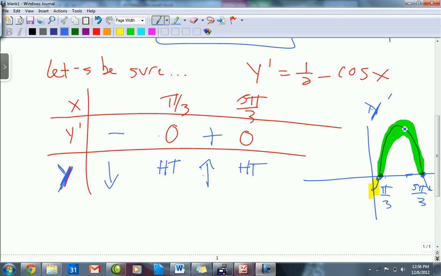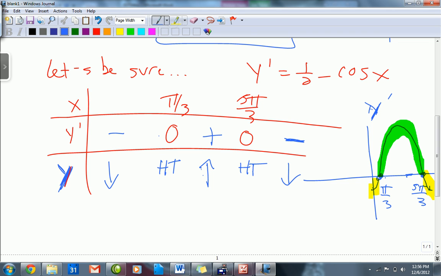Finally, after 5 pi over 3 to 2 pi, we're back down for the derivative in negative land. How do I know that? It's below the x-axis. So after 5 pi over 3, remember we're stopping at 2 pi, my derivative is negative, which means my function is decreasing.